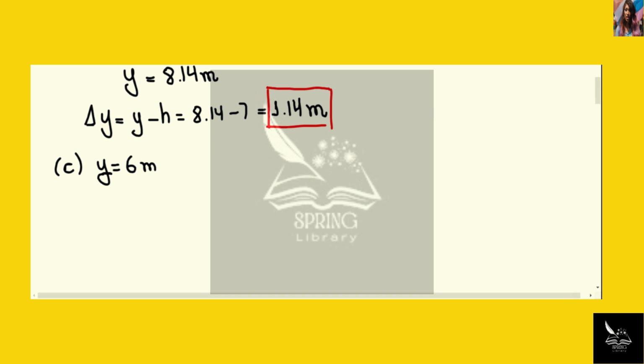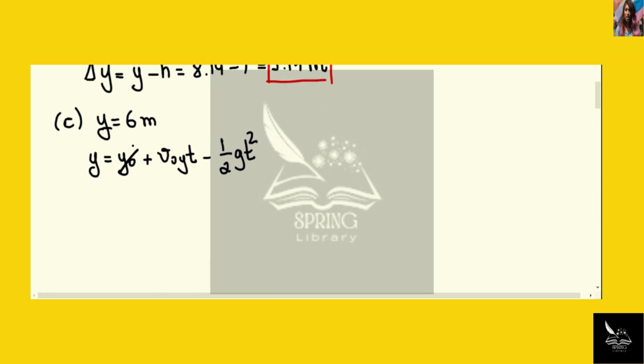For that reason, y equals 6 meters. And we have the equation y equals y0 plus v0y t minus 1/2 of g t squared. y0 is 0, so it's 6 equals 18.13 times the sine of 53 times t minus 1/2 of 9.8 times t squared.